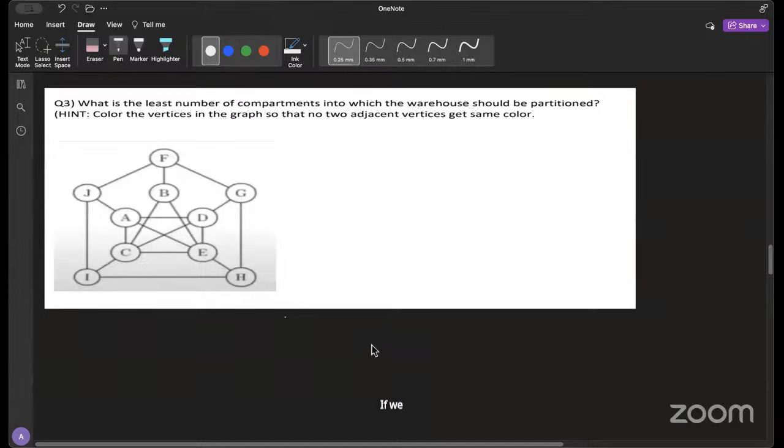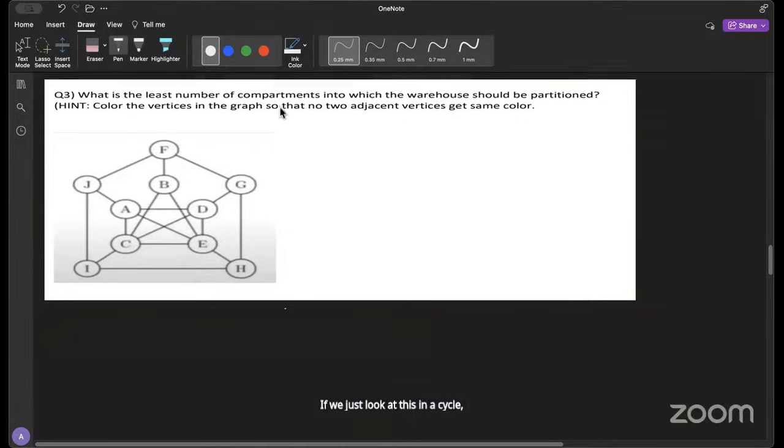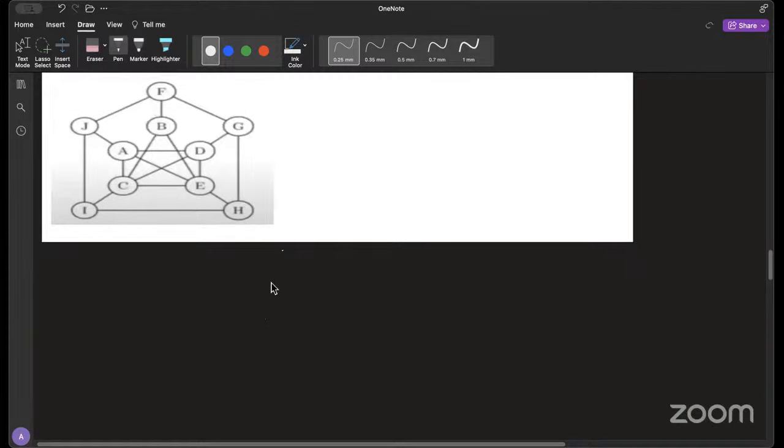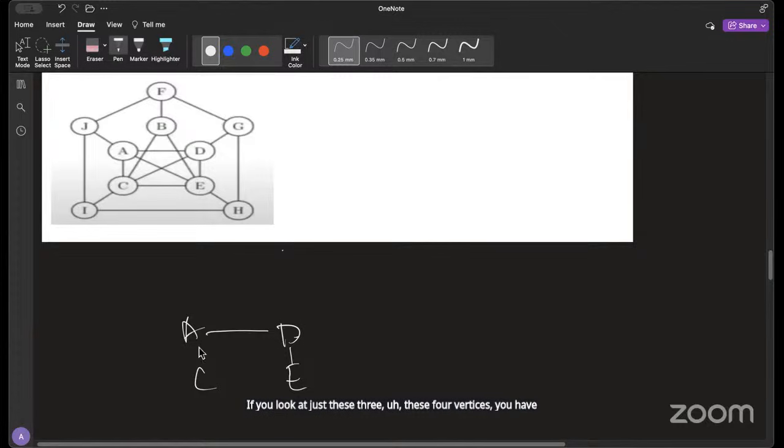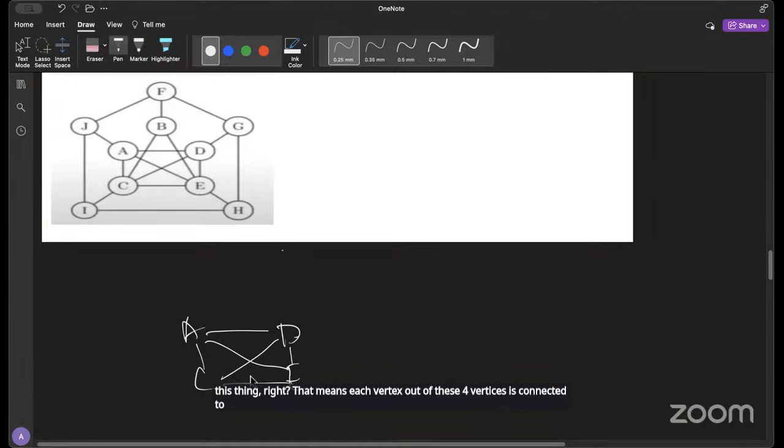If we just look at this in a cycle, you have B, then A, D. In fact, you don't even have to look at this one. If you look at just these 4 vertices, each vertex out of these 4 is connected to every other vertex, right?